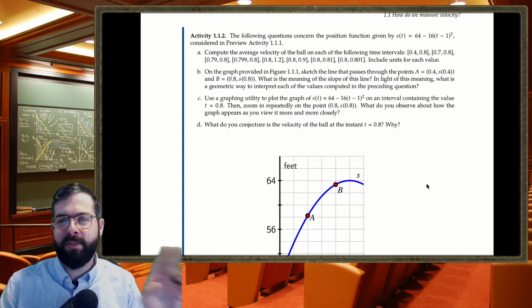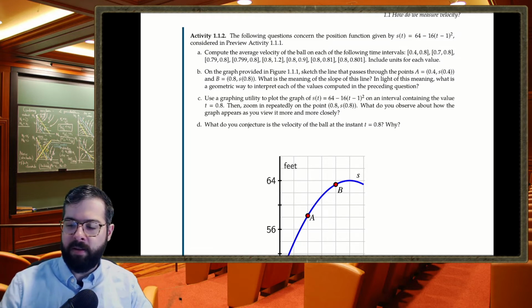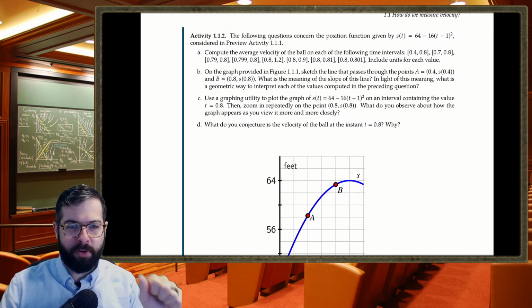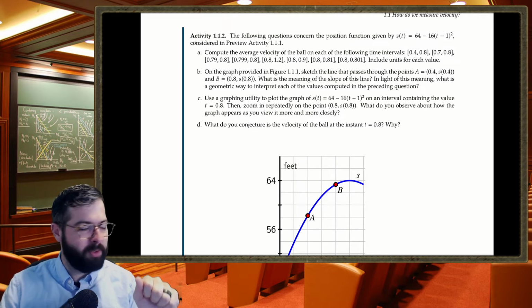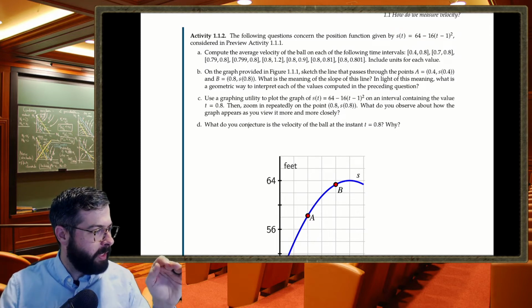Hit pause and then come back, okay? Okay, so I know I gave you the answer. It should be 6.4, but again, I'm trusting you to take ownership and agency of your learning here and do this, because we won't learn this passively. So again, each of the units there should be feet per second.